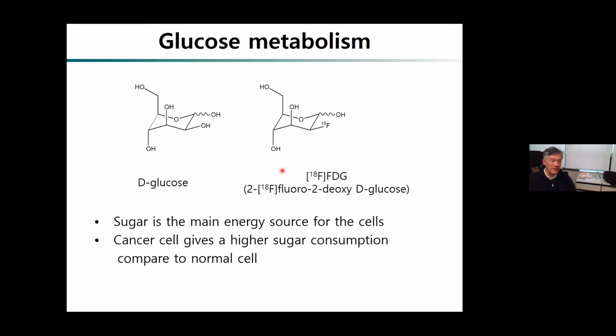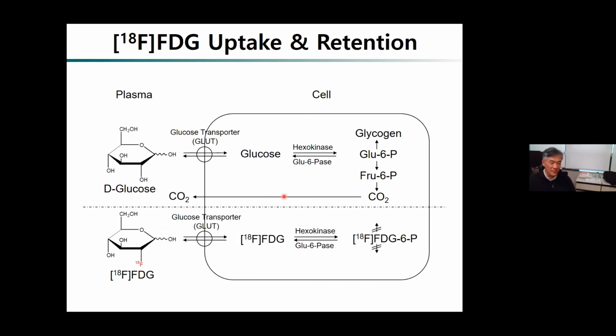F18 FDG has almost the same structure as D-glucose. So that's why it can be taken up by the cells and then accumulated into the cell. Here you can compare the D-glucose and F18 FDG.